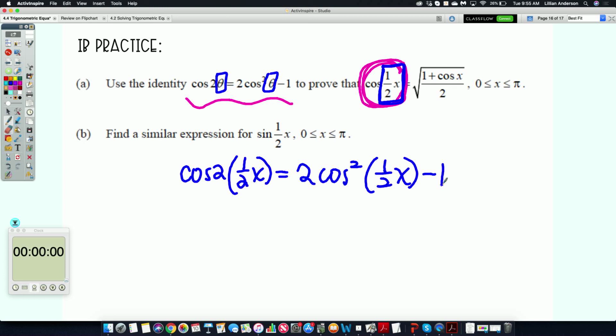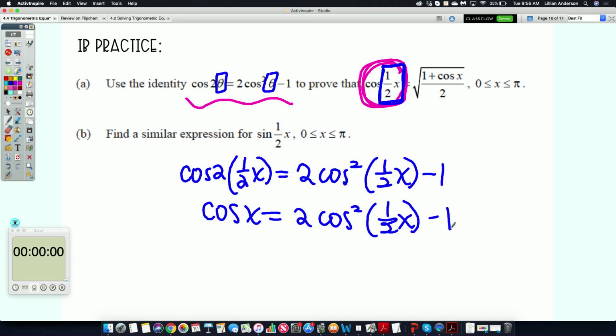And so from here, we can solve now for the cosine 1/2 x over there. All right? And so, what's 2 times 1/2? So this becomes cosine x equals 2 cosine squared 1/2 x minus 1.